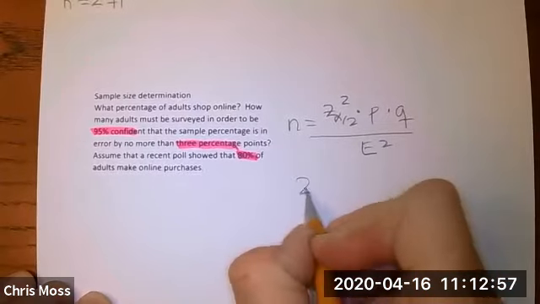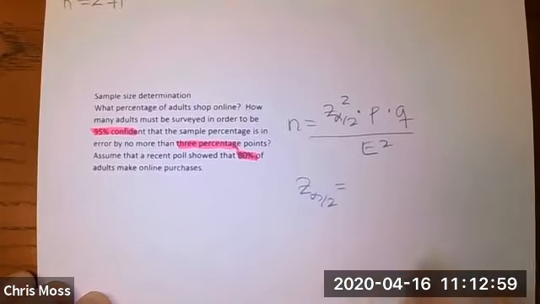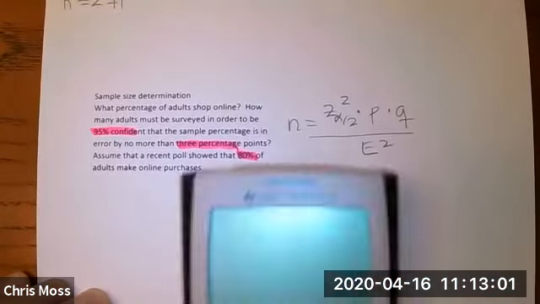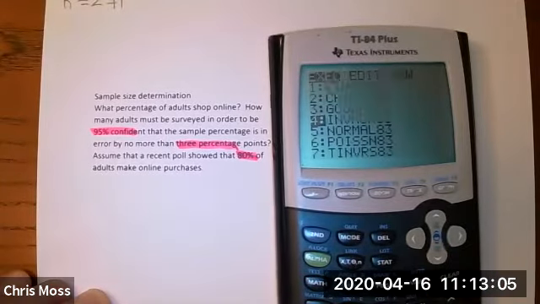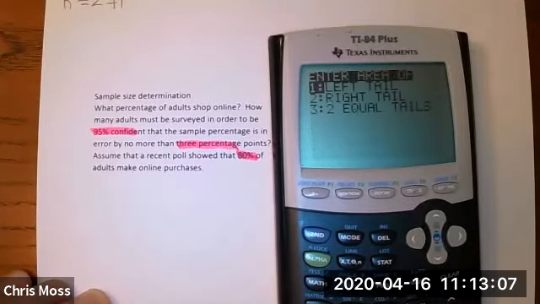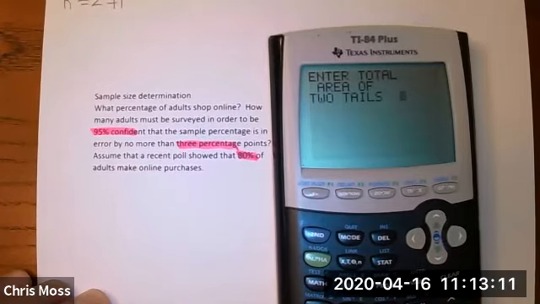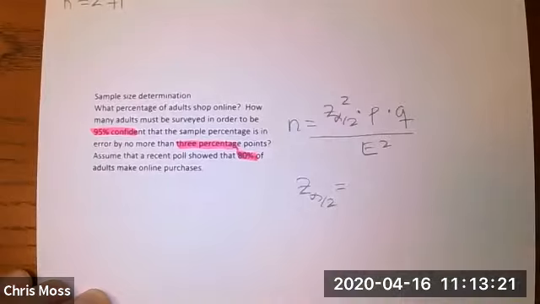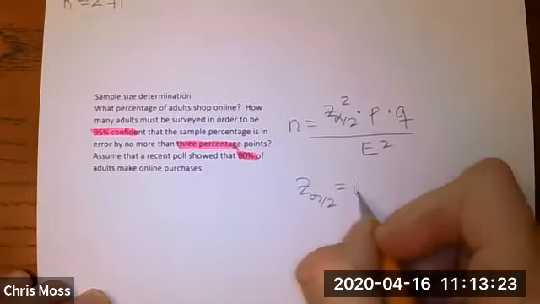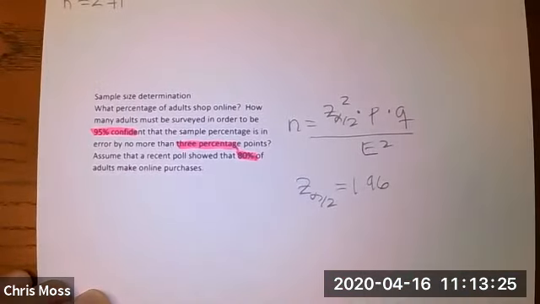So, the Z alpha over 2 I'll go for first. Two equal tails. 5% is what's left for the two tails for my 95% level of confidence. Plus or minus 1.96. So I'll take the positive one, 1.96.